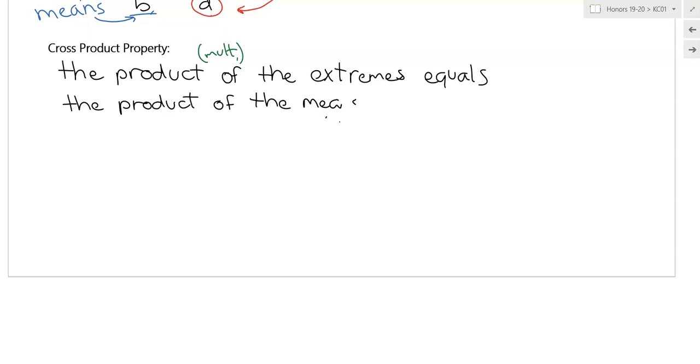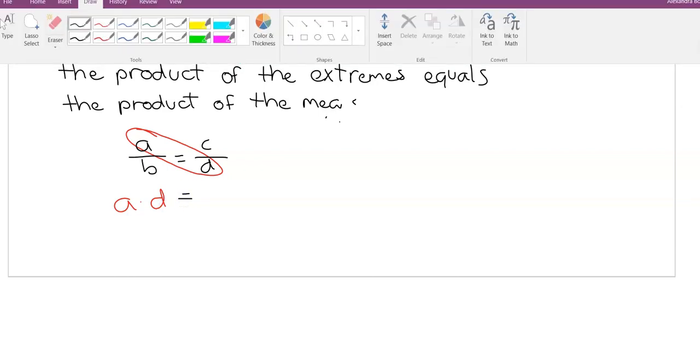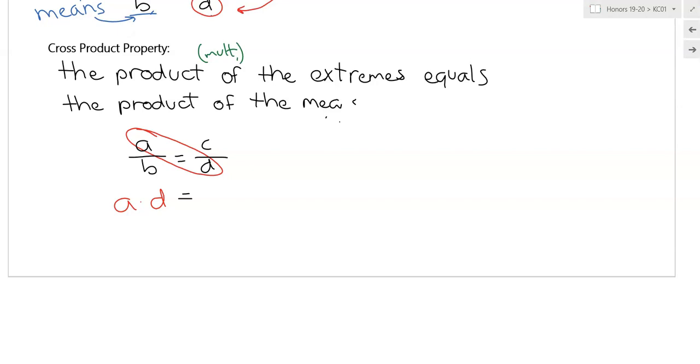All right, so again, using that same example, if I have A over B equal to C over D, I'm going to find the product of my extremes. Again, my extremes are here, in this diagonal. So I have A times D equals the product of the means. Oh, that didn't write correctly. Didn't even notice.